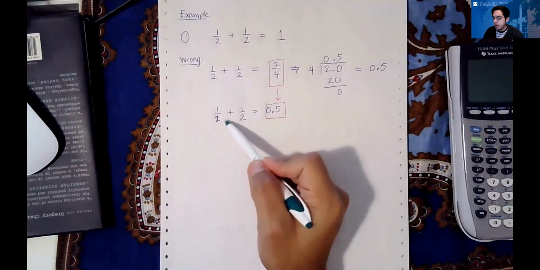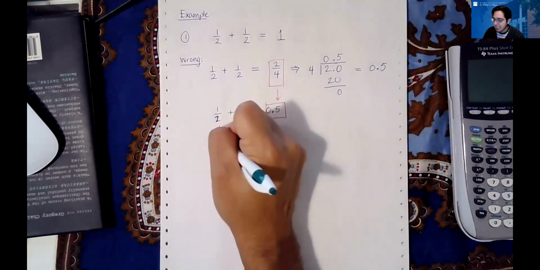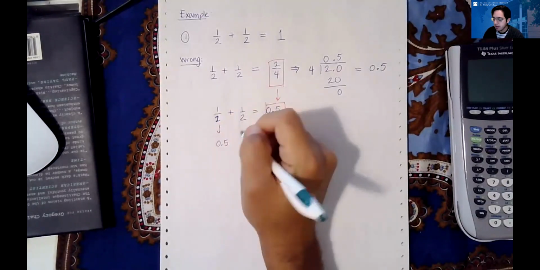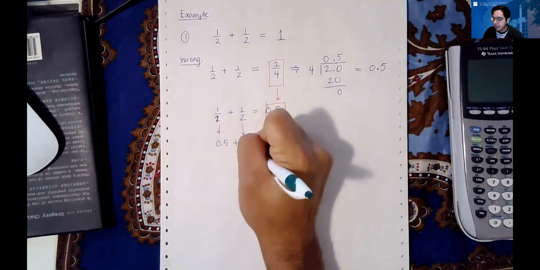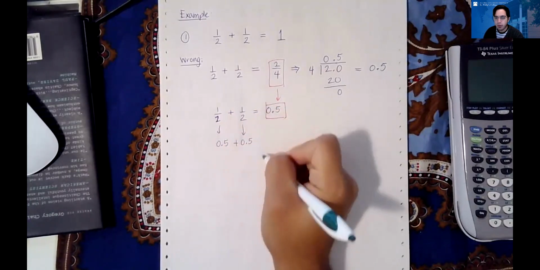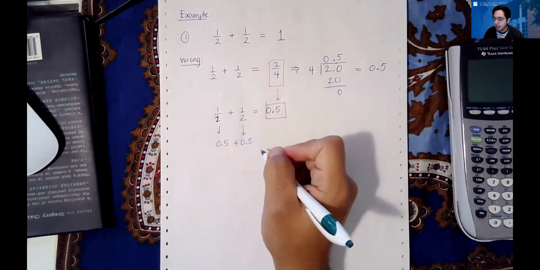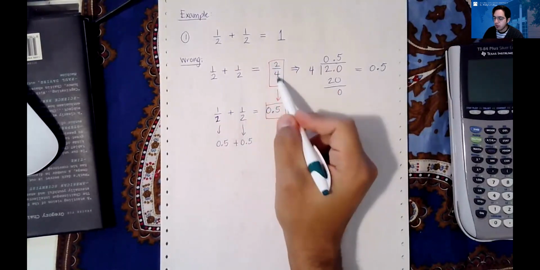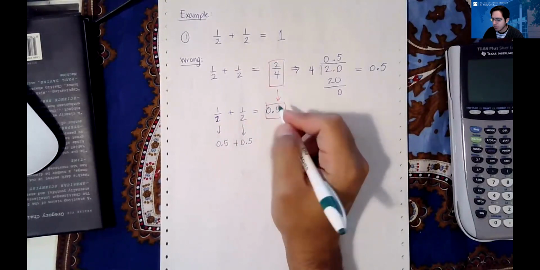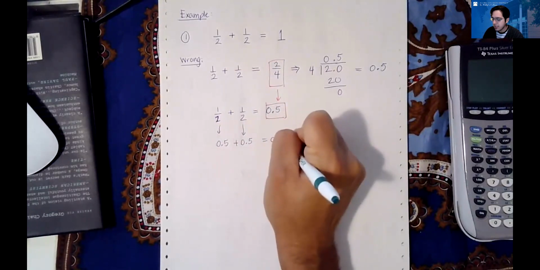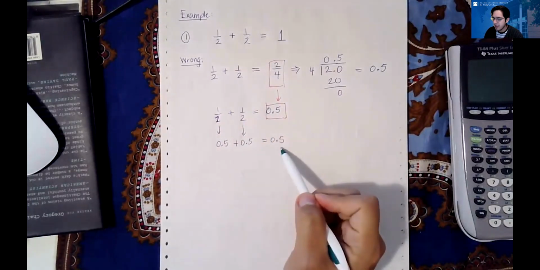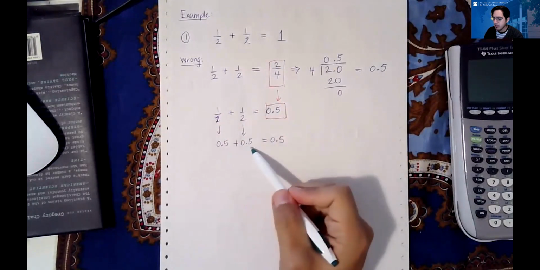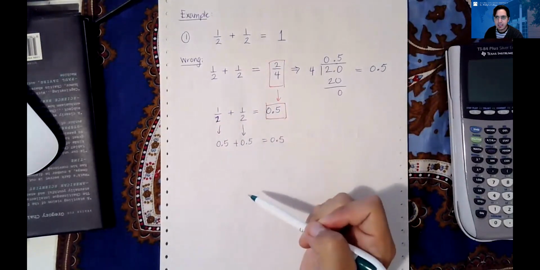But 1/2 is 0.5. And so if I added 0.5, 50 cents, to another 50 cents, and then I got 2/4, which turns out to be 50 cents as well, does that make sense? If I have 50 cents plus 50 cents, I get 50 cents?